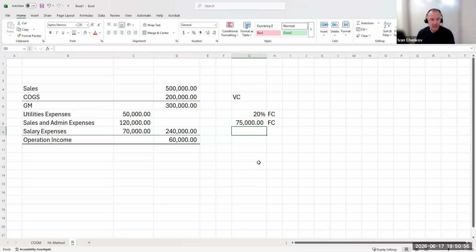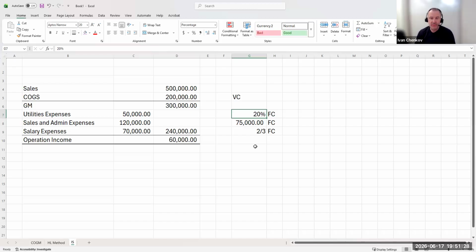And on the salary expenses, 2/3 are fixed cost. Right? So I'll put in a different type of information so you can get comfortable with this.